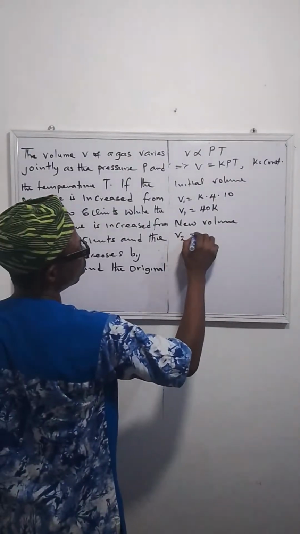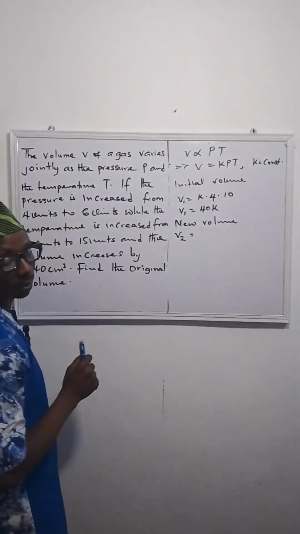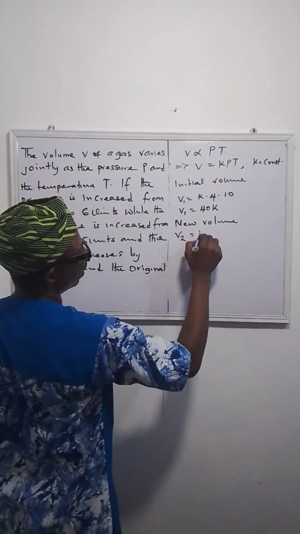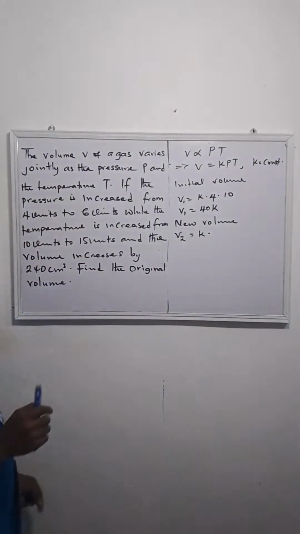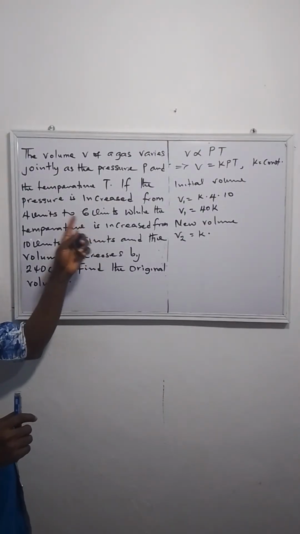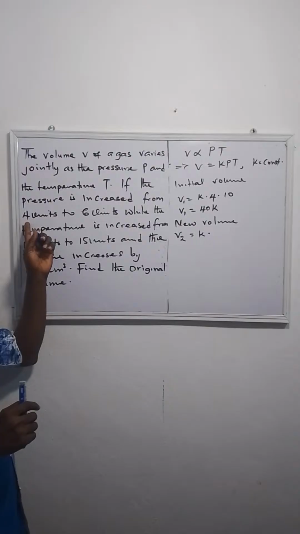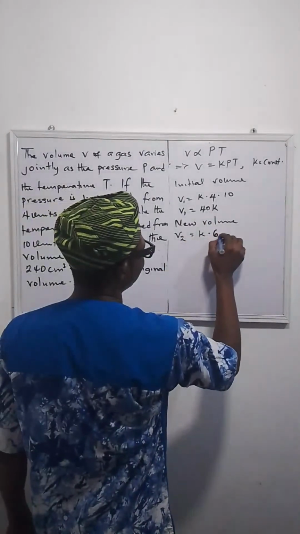The new volume we have, let's call it V2. The new volume will be, now we substitute inside this equation. So we have K times P, the new pressure, which is 6. It has been increased from 4 to 6.